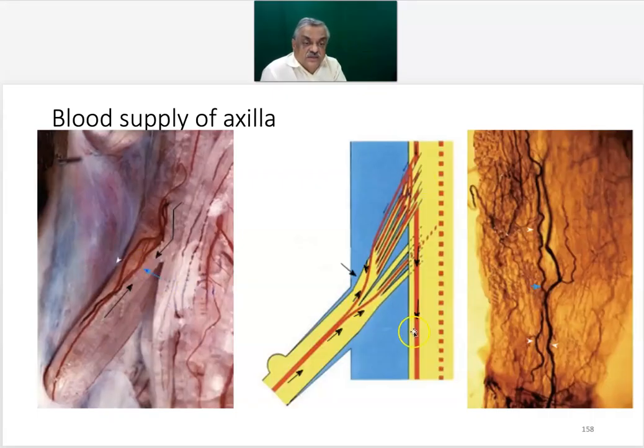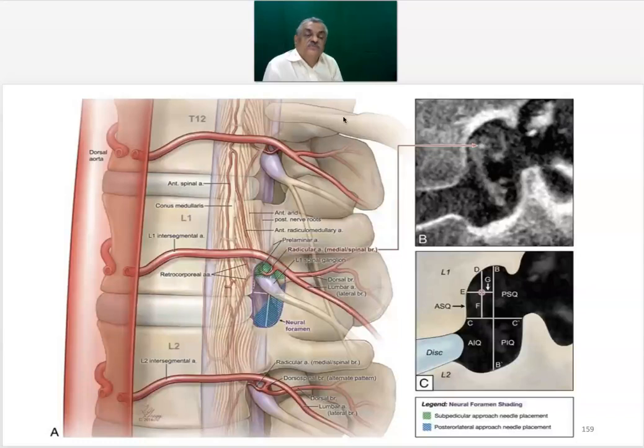This is the artery going down, the artery coming from above, this is the ascending artery, this is the descending artery, and this is the transition zone or watershed zone.